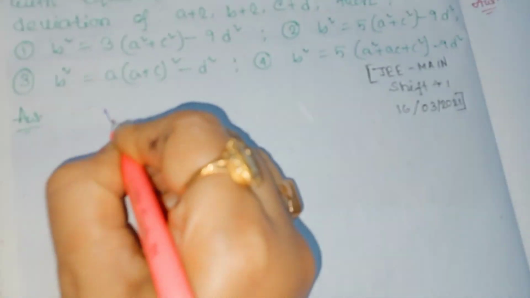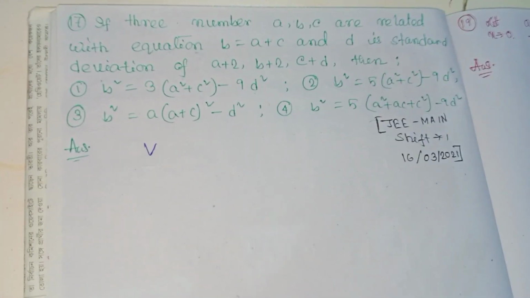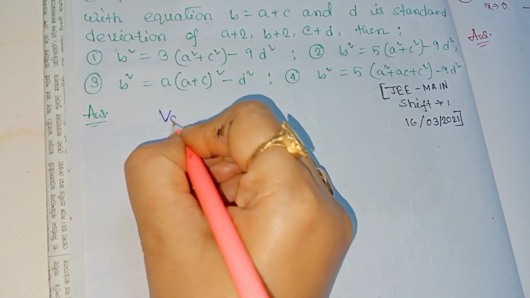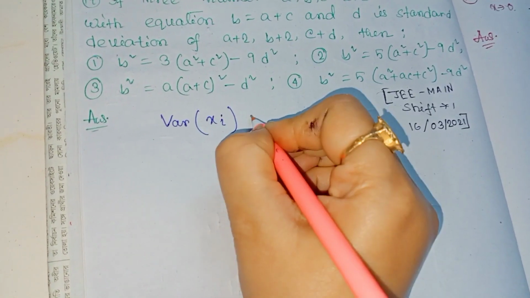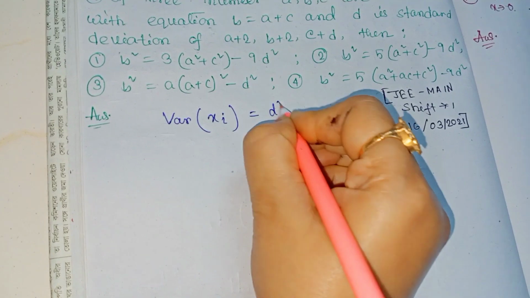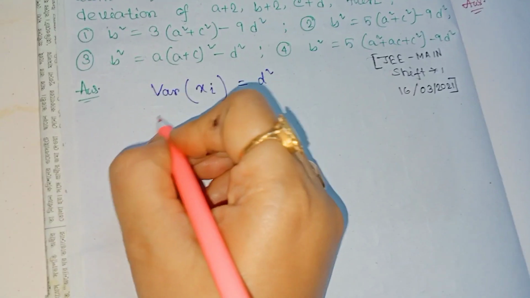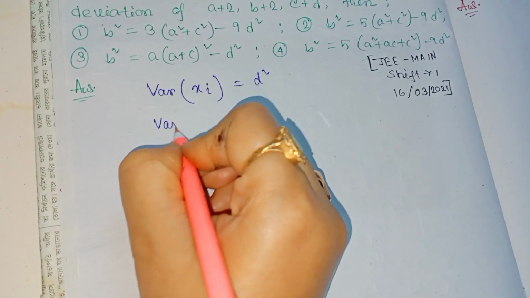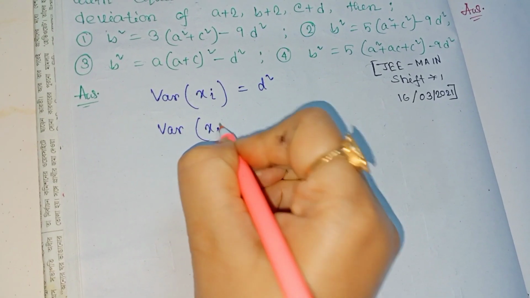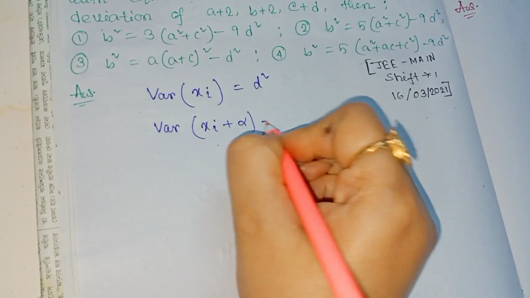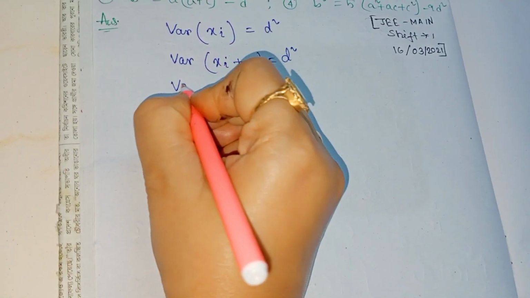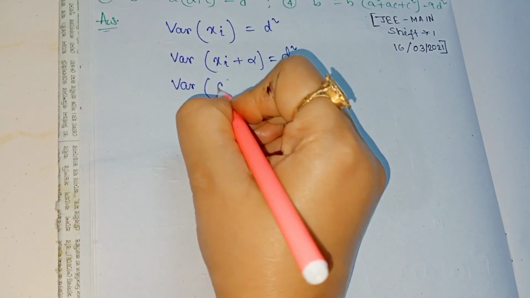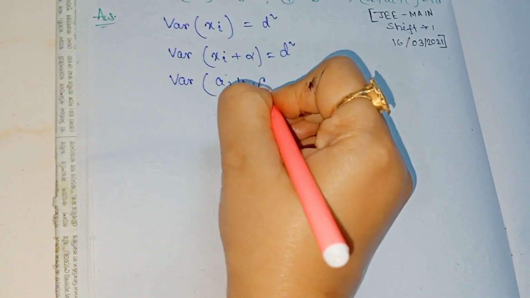We know the variance of any x_i is equal to d squared, and similarly the variance of x_i plus alpha is also d squared, and the variance of three numbers a, b, c is equal to d squared. And we know from the definition d squared is equal to summation x_i squared by n minus (summation x_i divided by n) whole squared.